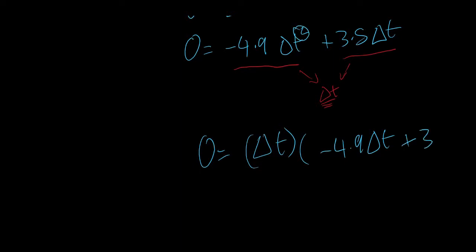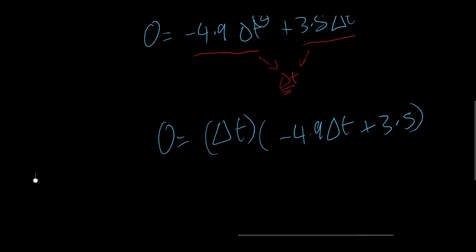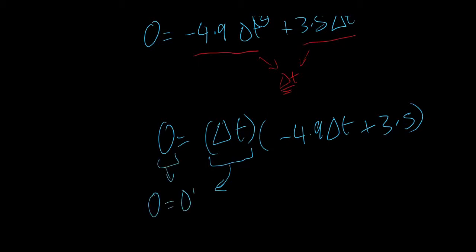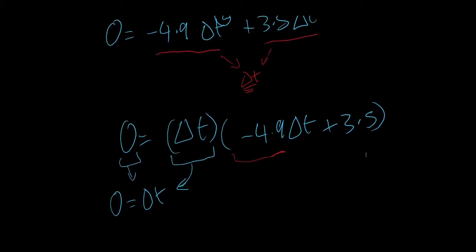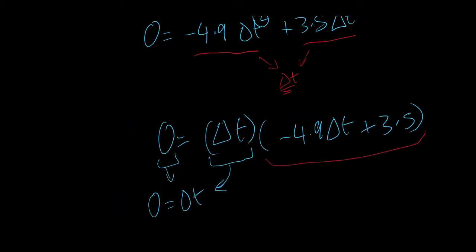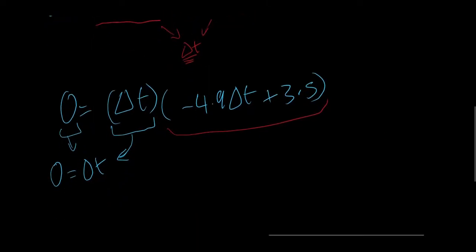plus 3.5. Now from here, we really just factored out the entire quadratic, so we can say that this delta t right over here, when we set it to equal 0, is just 0. Now this one, on the other hand, is going to be the more useful one.